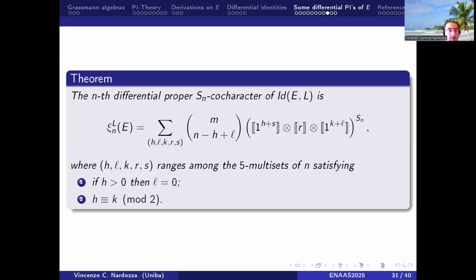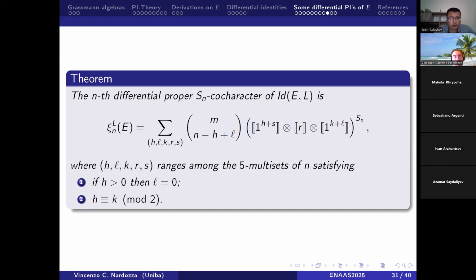However, once this has been proved, we proved that the nth differential proper cocharacter of E is this one. This is the sum obtained when this 5-tuple ranges among the 5-multisets of n.